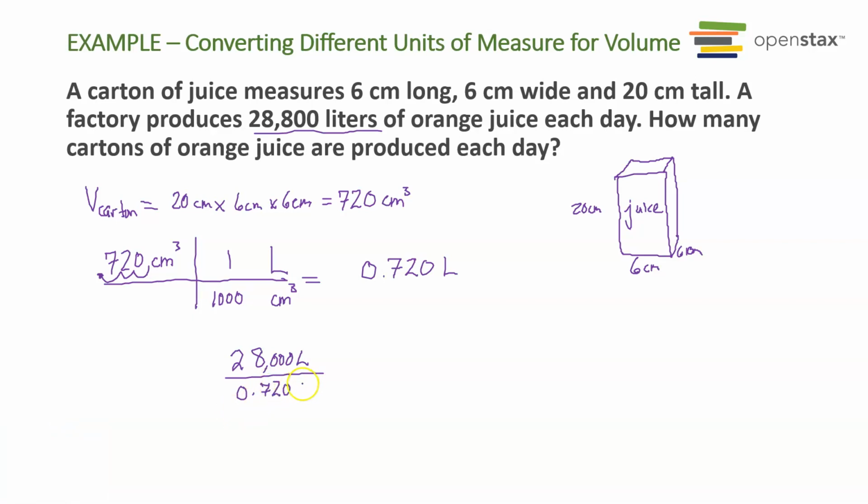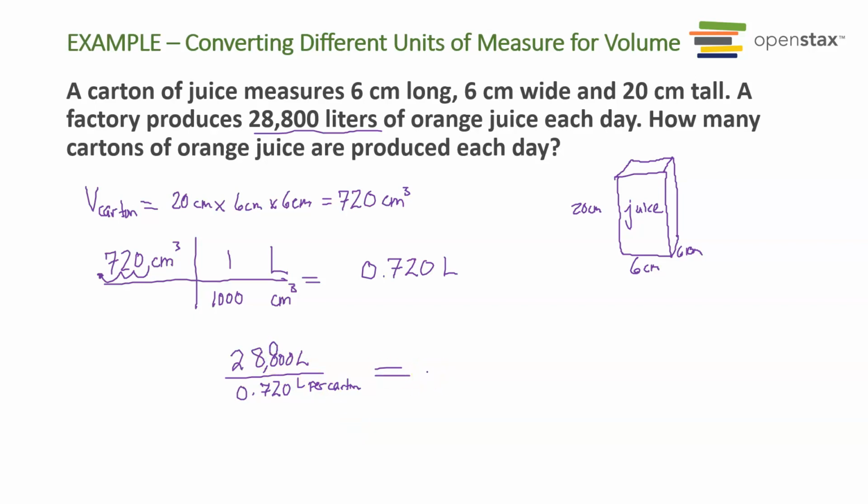And this actually has a compound unit. This is liters per carton, right? So this is how many liters per carton. So what ends up happening is we end up getting these liters to cancel. And so if we do 28,800, I dropped an 8 here. There we go.